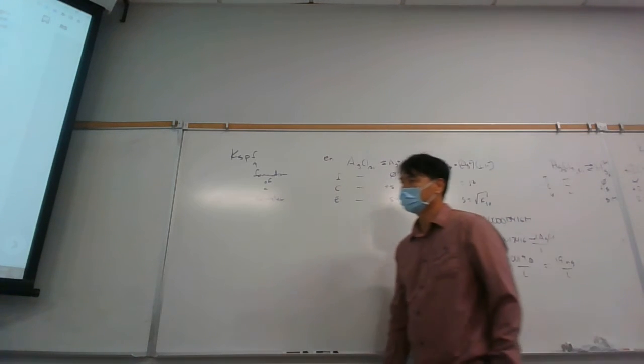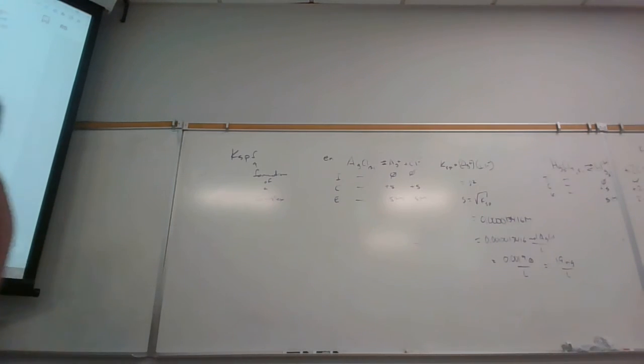What about lead? Chloride likes lead too. So if we look at lead-2 chloride, lead-2 chloride is not going to work, because look at the Ksp for lead-2 chloride. It's 10 to the minus 5. And although it splits up differently, it's quite a bit different.